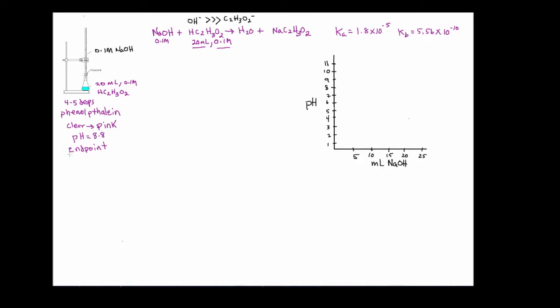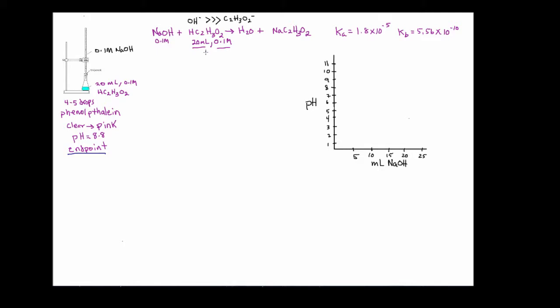And one of those issues is the difference between endpoint and equivalence point. All right. So the equivalence point of this reaction is where we have reacted utterly all of the weak acid that we've put into the reaction. And you'll notice that we're starting in the collection flask here with 20 mils of 0.1 molar acetic acid.